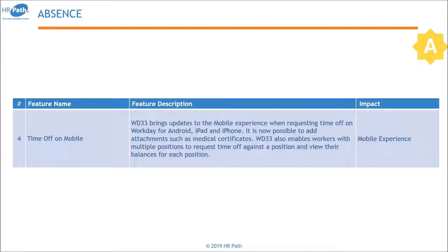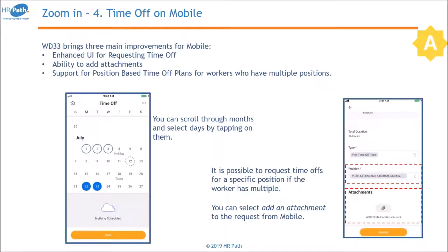So it is now possible to add attachments such as medical certificates from your phone, and workers with multiple positions can request time off against the position and view the balances for each position. So we can quickly take a look at the screenshot to see what it looks like.